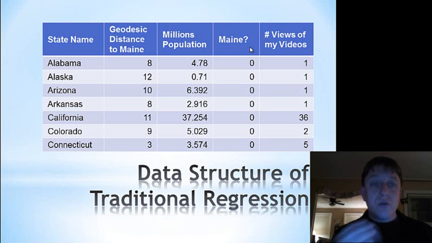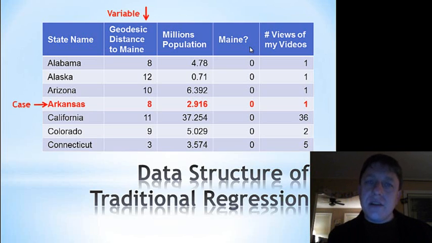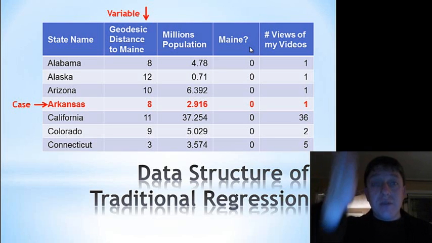In a traditional regression, every case is in a row, every variable is in a column. So in this case, I've highlighted the case of Arkansas. It's a case because it's one of the things we're studying, one of the states. And that case has a number of observations. It has an observation for the variable geodesic distance to Maine.